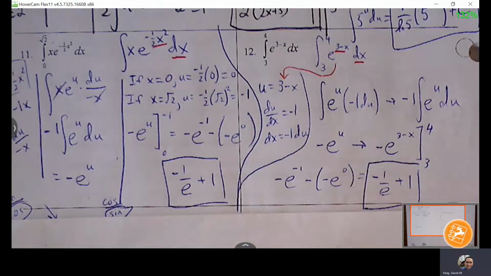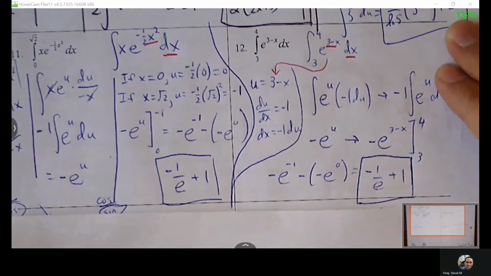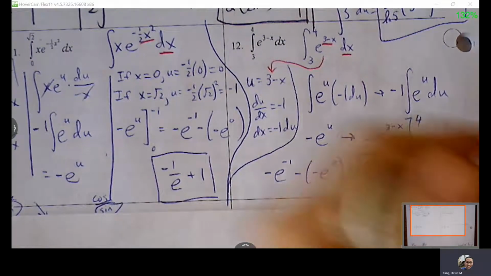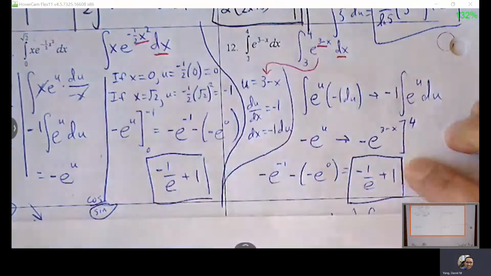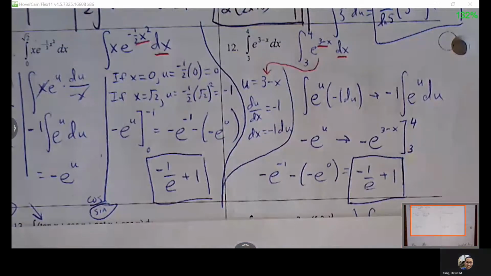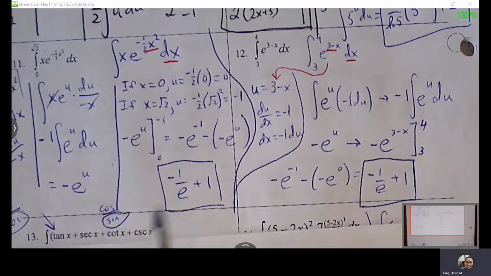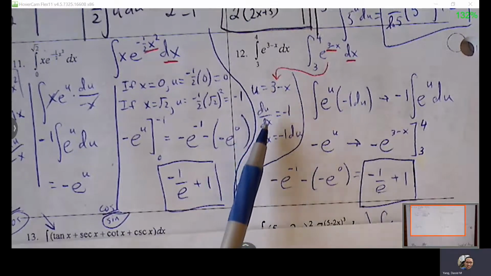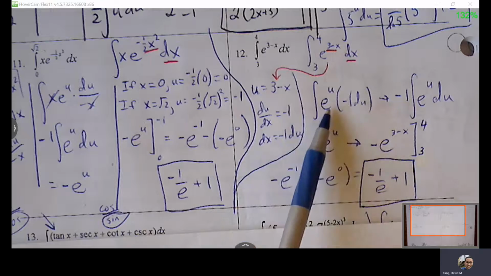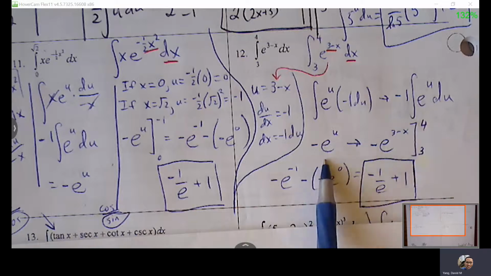Okay, just a coincidence that the answer ends up being the same. In either case, we let the u value be 3 minus x, derivative is -1. So after we make our substitutions, we're just left with negative integral e to the u, which is just negative e to the u.